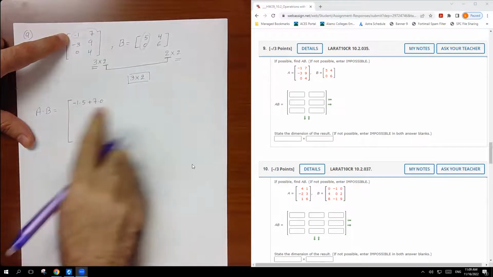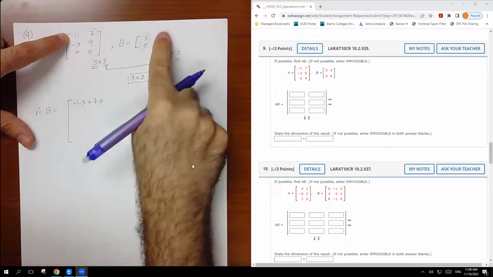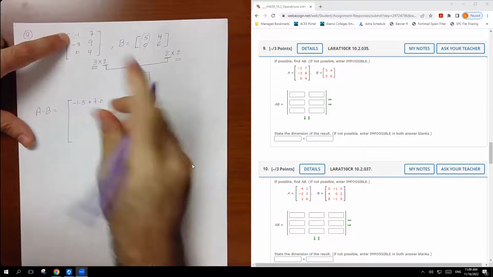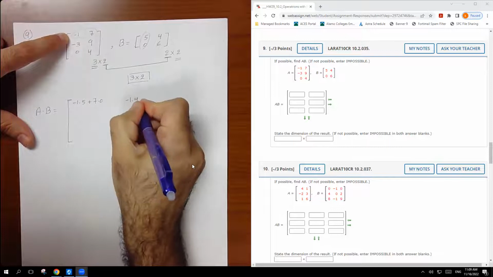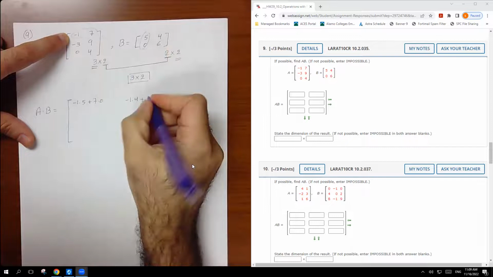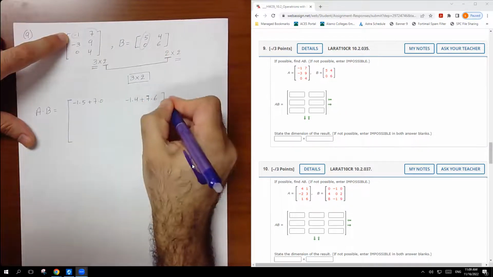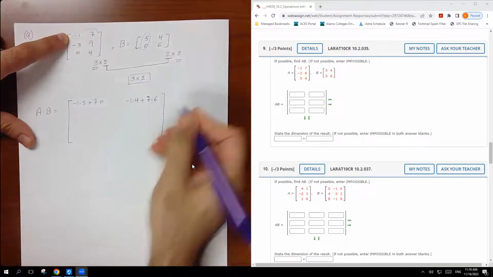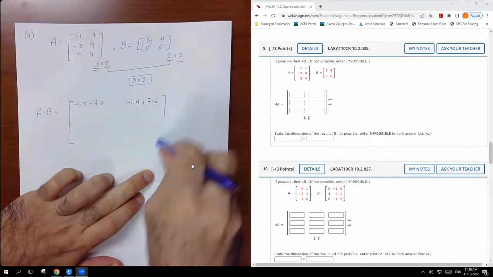This is the first element here. Then the first row with the second column is going to be -1 times 4 plus 7 times 6. I'm just doing the operation. I didn't do the math. Just write down everything. Then next step, I'm going to write down the math.